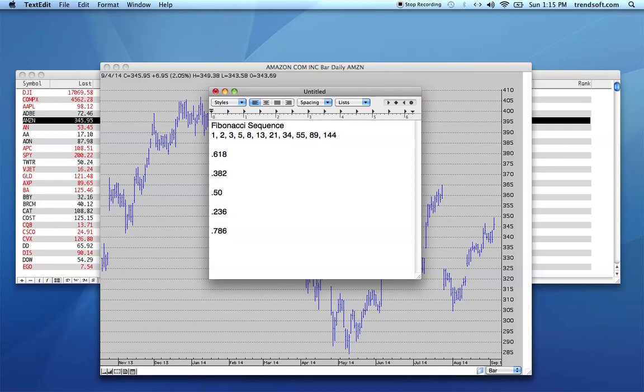Most recently, people started to look for, well, since it works so well on looking for retracements, is there a way that we could use Fibonacci to predict where a market will go when it breaks out of a pattern?